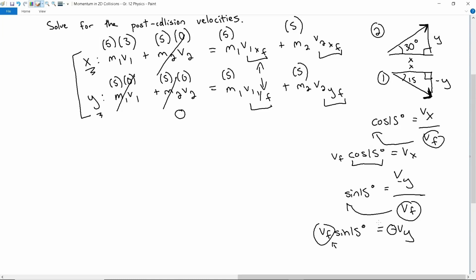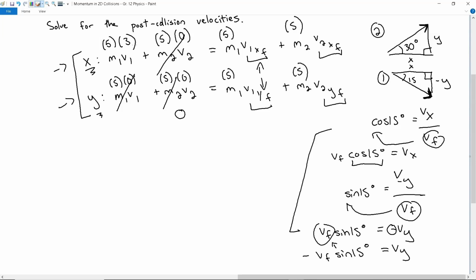And actually I want to move the negative here as well. That looks better.